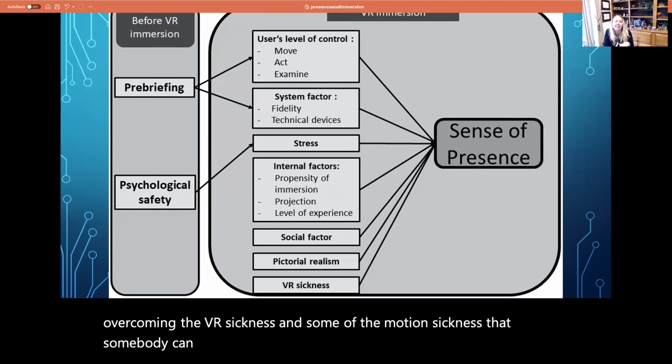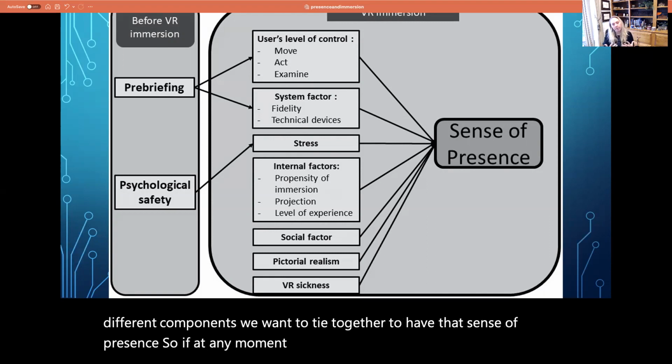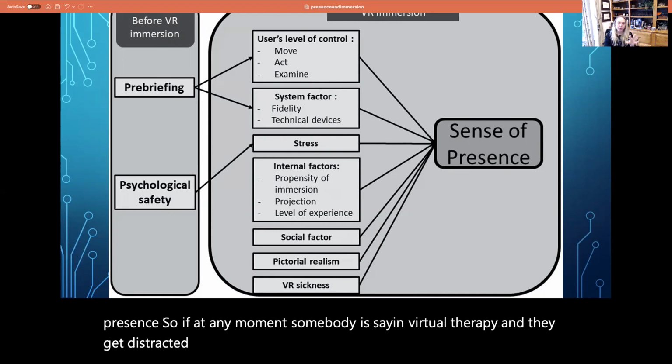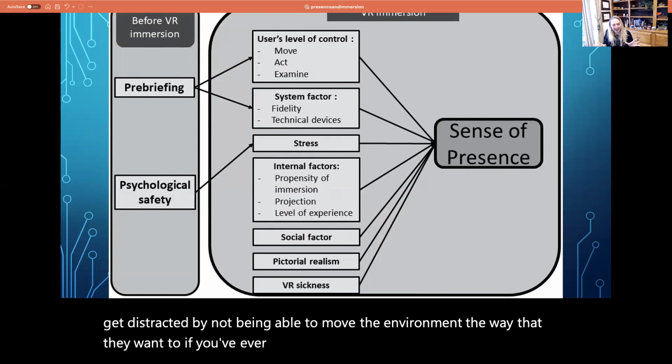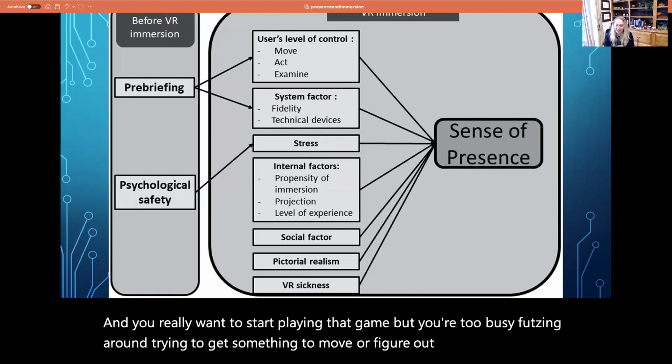And so all of these different components, we want to tie together to have that sense of presence. So if at any moment somebody is, say, in virtual therapy and they get distracted by not being able to move the environments the way that they want to, if you've ever used an Oculus headset and you really want to start playing that game, but you're too busy futzing around trying to get something to move or figure out the logistics of it.